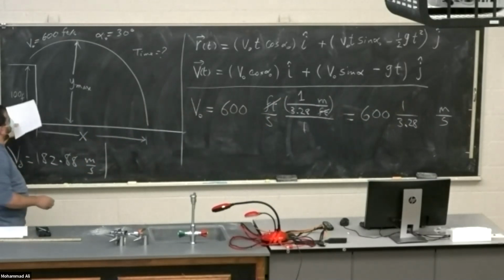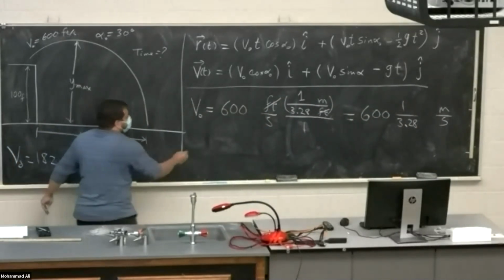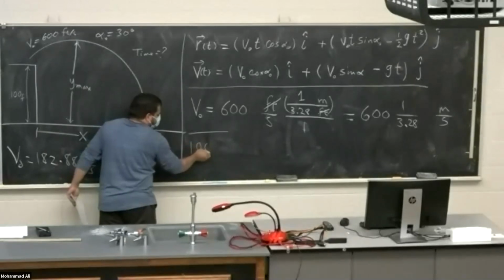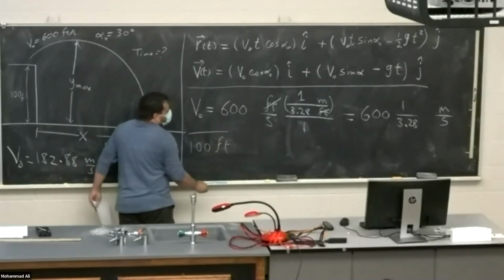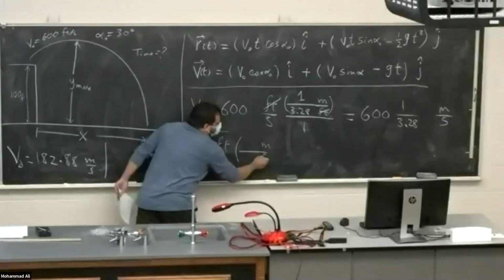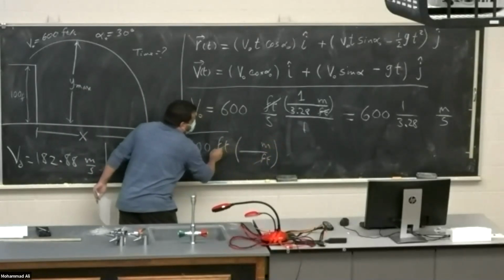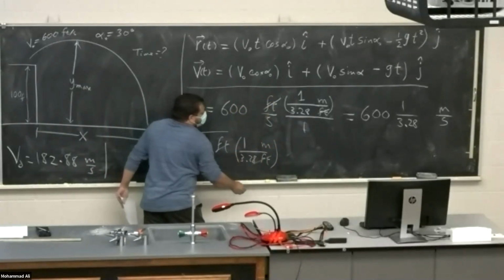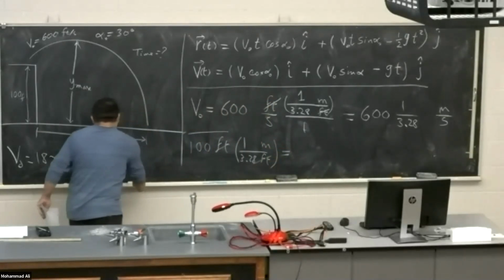What about the 100 feet? Multiplied by 1 meter over 3.28 feet, so that I cancel feet with feet.